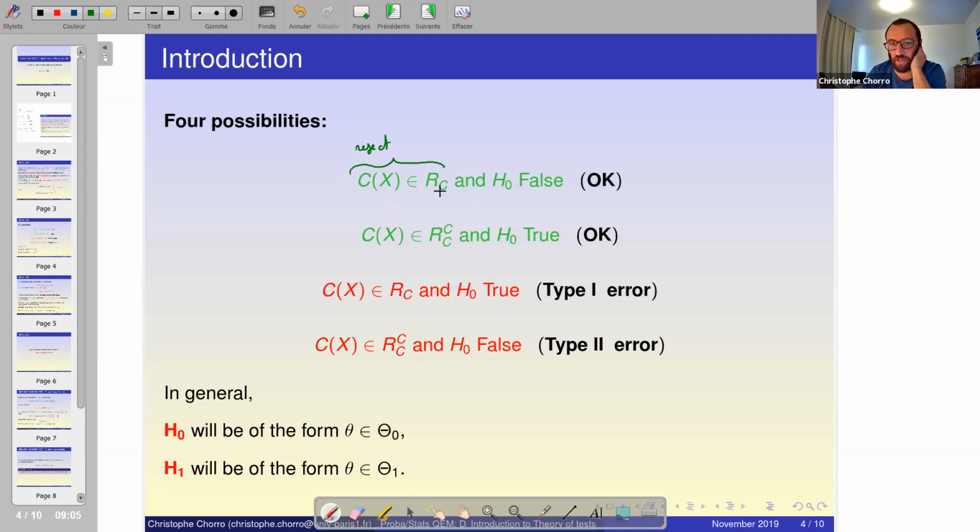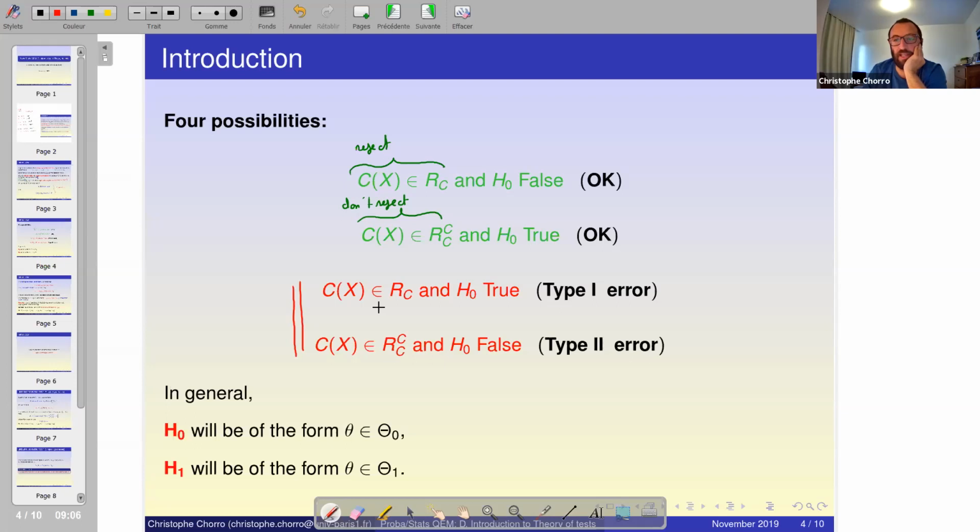So here I am okay with my process. Equivalently, if I am in the other situation, it means that I don't reject. I don't write accept, I repeat, I write just don't reject. I don't reject something that is true. This is also a nice situation because I don't reject something that is true. And then I have the 2 other possibilities.